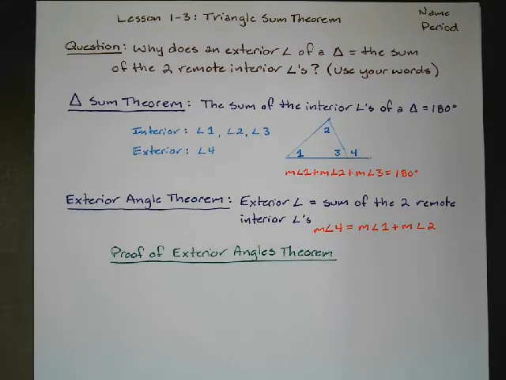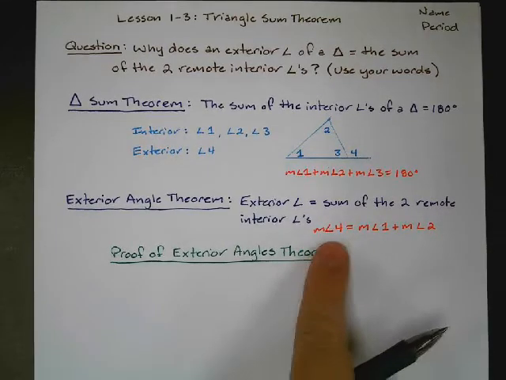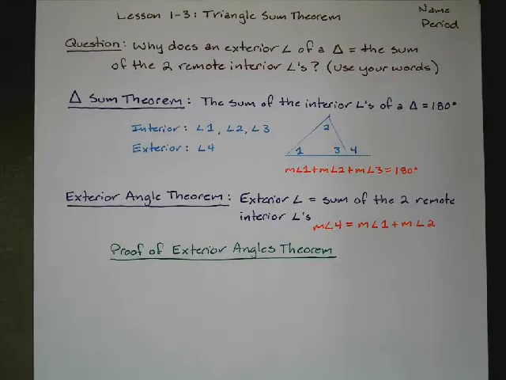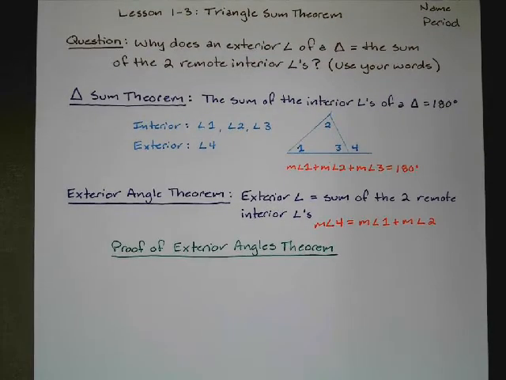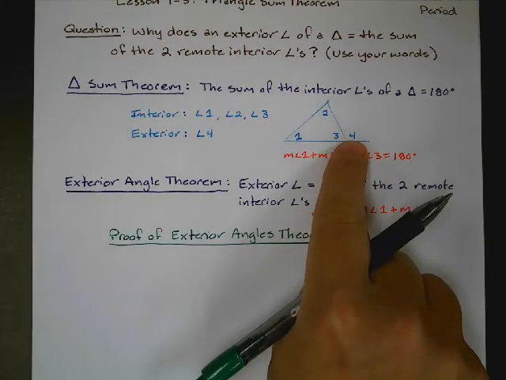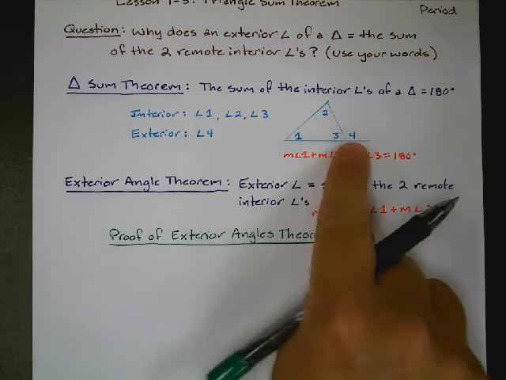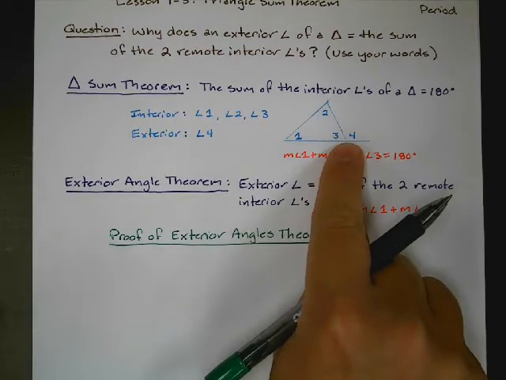All right, so I'm going to use this diagram up here to prove that angle 4 has to equal angle 1 plus angle 2. So the first thing that I'm going to do is say that the measurement of angle 3 plus the measurement of angle 4, these two make a straight line. And anytime they make a straight line, because they're linear pairs, they're going to have to add up to 180 degrees.